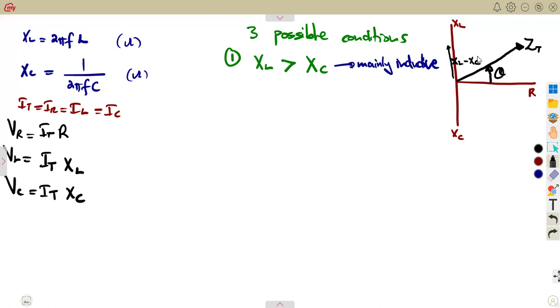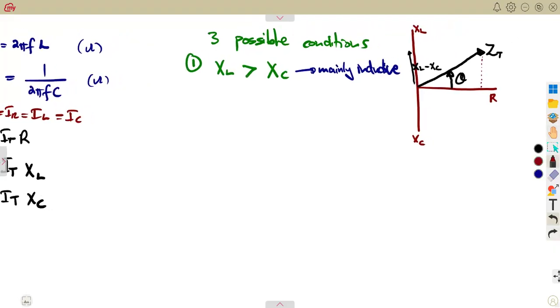This distance that we are seeing here is the difference between XL and XC, that is XL minus XC. That corresponds here at this side, as the difference XL minus XC, which is opposite to this one.